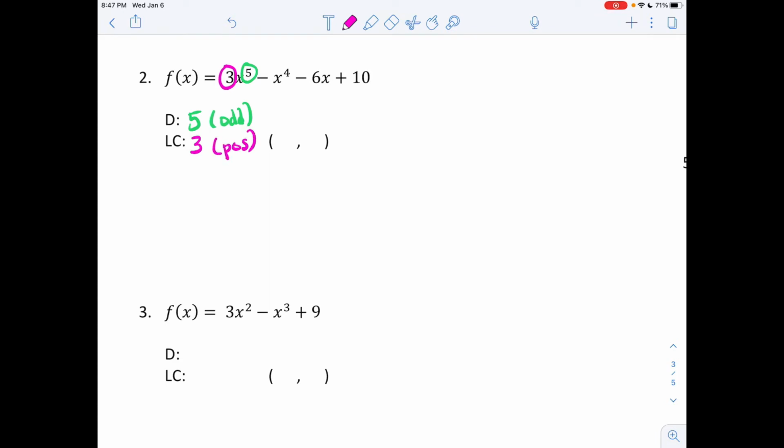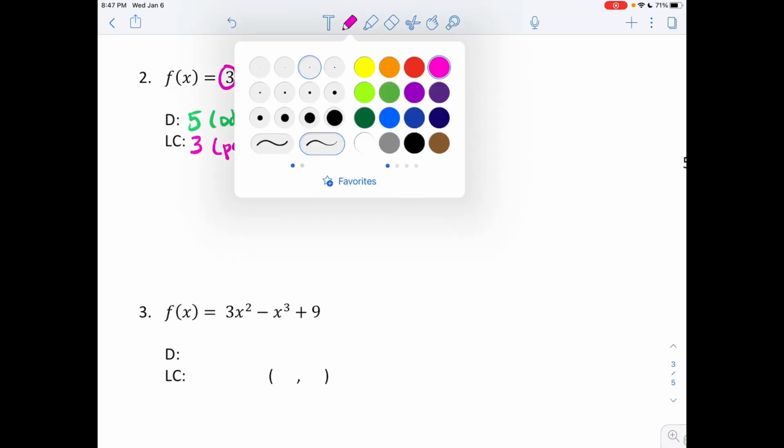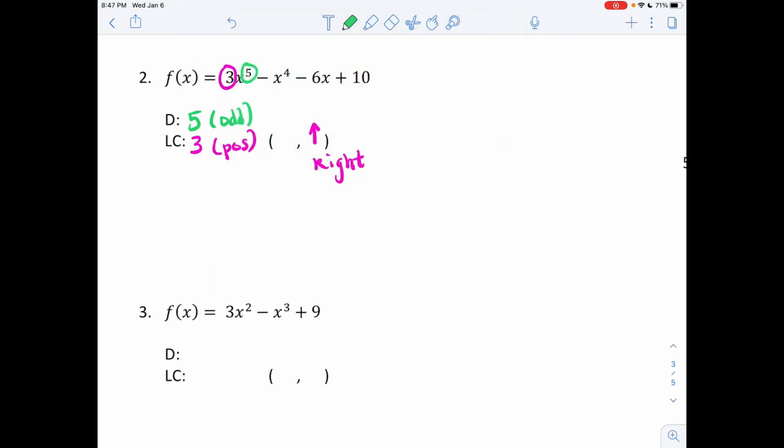A positive leading coefficient tells us that our arrow is going up on the right-hand side, and the fact that our degree is odd tells us that the left arrow must be going the opposite way, so on the left it's going down.